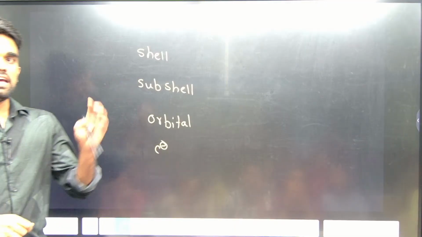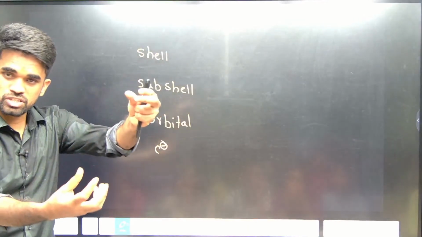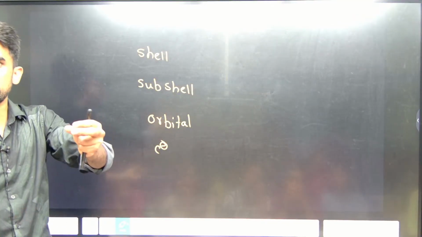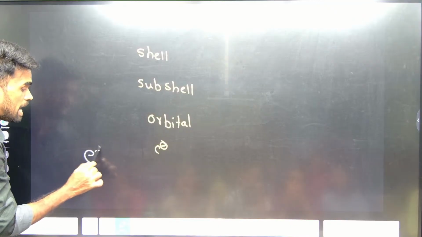Like a person asks your address: your district, your mandal, your village, your street, your house, and your name. Similar to that, for saying an electron's address, we have these quantum numbers. What is the use of quantum numbers? They will say the address of an electron.